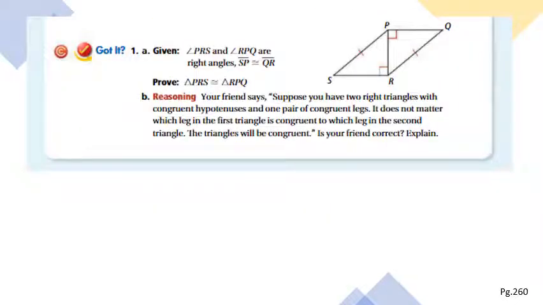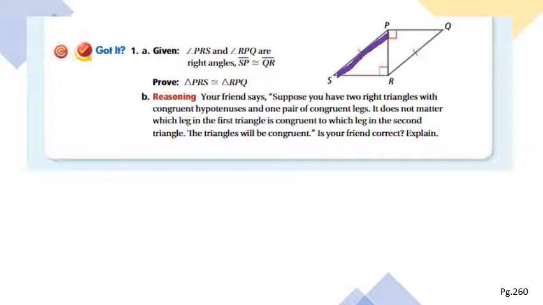Okay, let's see next. Got it, number 1. Here they give you this question that angle PRS and angle RPQ are right angles. Is it right? They put already the marks. And then they put the mark here on SP.